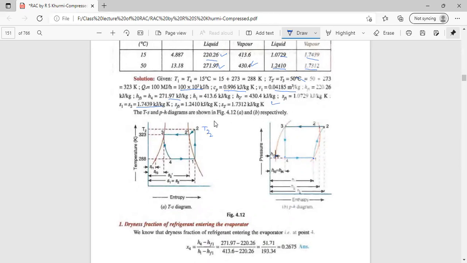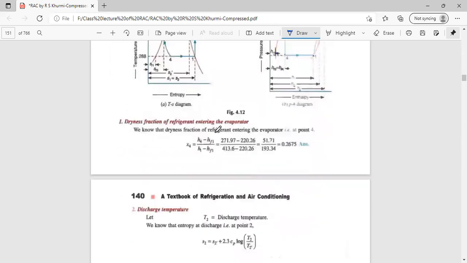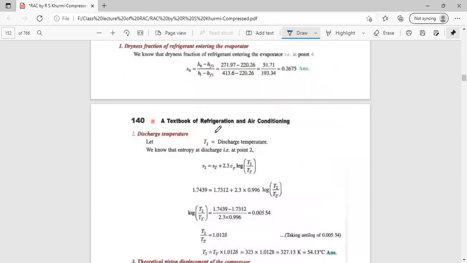T2 dash is the discharge temperature. We are assuming the temperature in the superheated region at which the vapor is being released, and it is given as the entropy at discharge at point 3 is S2. S2 is equal to S2 dash plus 2.3 into Cp log T2 by T1.